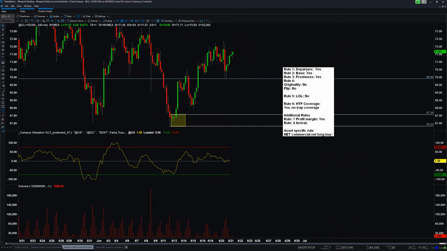So departure: yes, it's an explosive move out. Base: it's 1, 2, 3 candles within the base. That's fine.